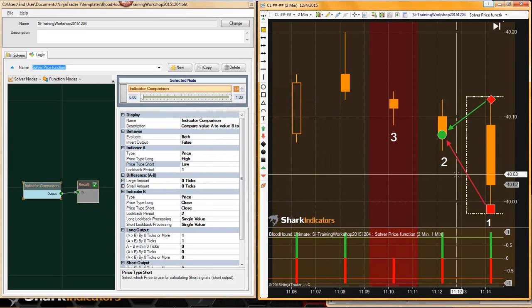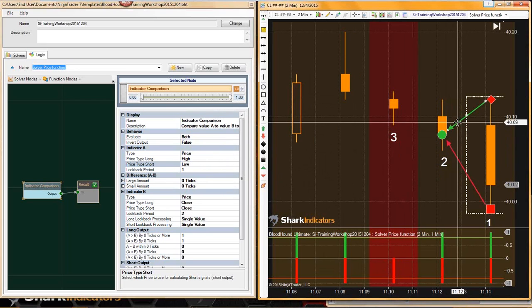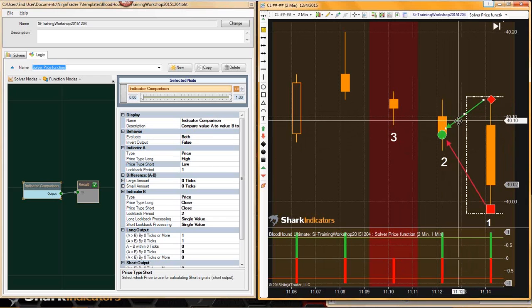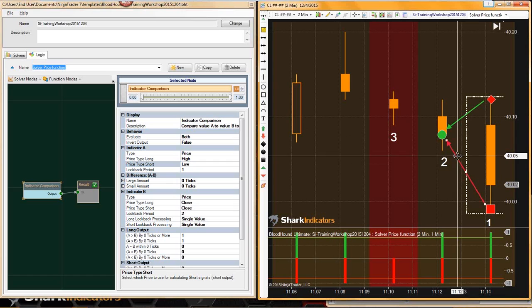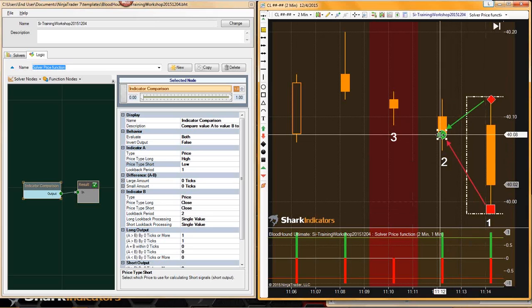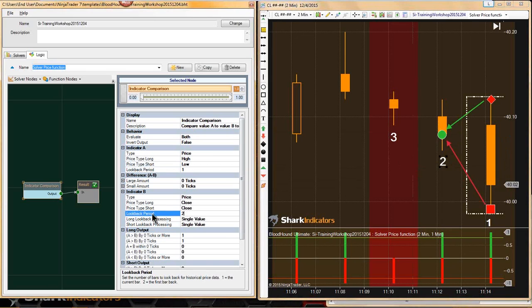So this solver, or BloodHound, is doing two separate calculations. It's comparing the high price to the closing price for the long side, and then it's doing a separate calculation for the short output, looking at the low price to the closing price. That's with a look back period of 2, looking at a single value.